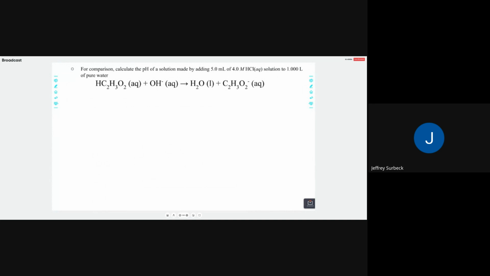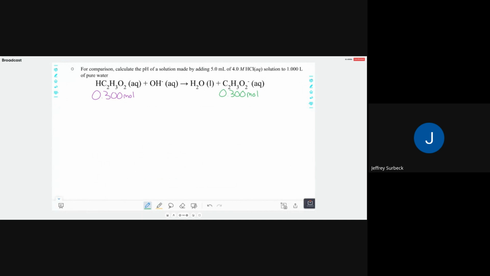Just for your information, remember, we started out with 0.300 moles of our weak acid, and on our other side, we had 0.300 moles of our weak base.